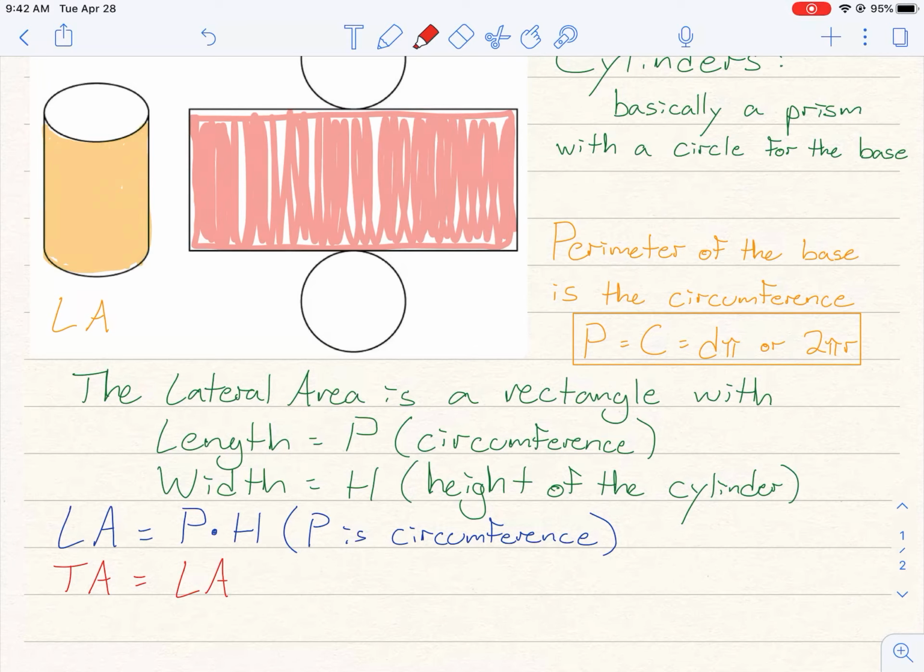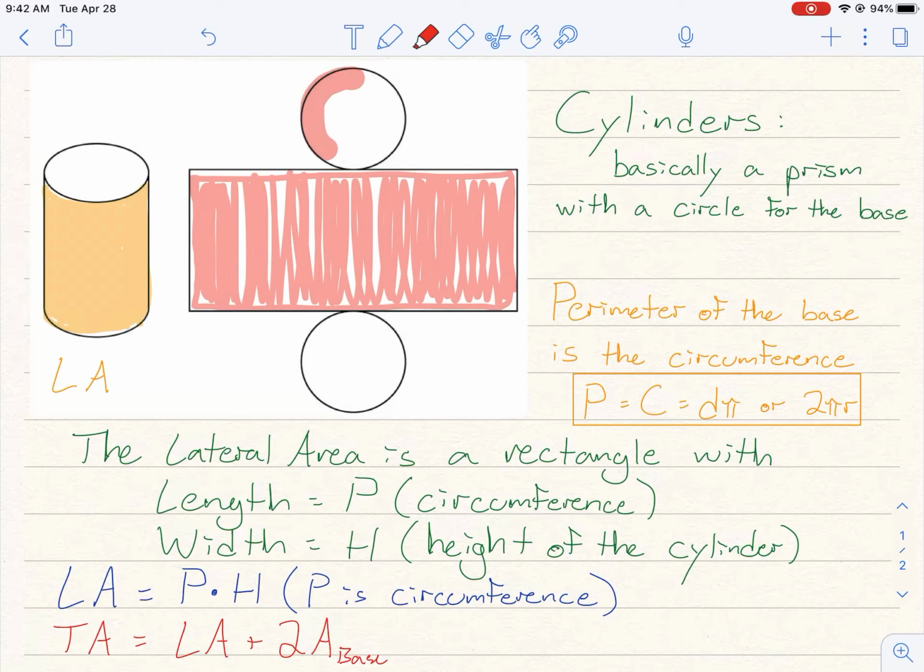But then I also have to add in 2 areas of the bases. For a cylinder, our base is a circle, so you're really just finding the area of these 2 different circles here. That's going to be our total area.